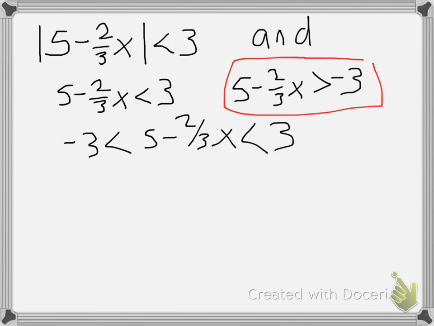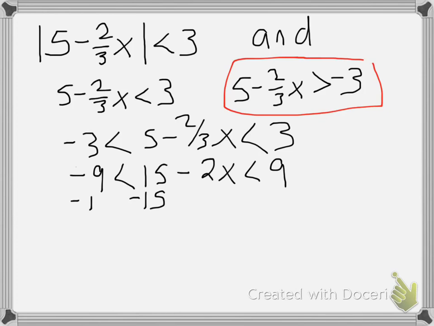So 3 times negative 3 is going to be negative 9. 5 times 3 is 15. Negative 2/3 times 3 is negative 2x. And then that's going to be 9. Now what am I going to do? I'm going to subtract 15 from everything.